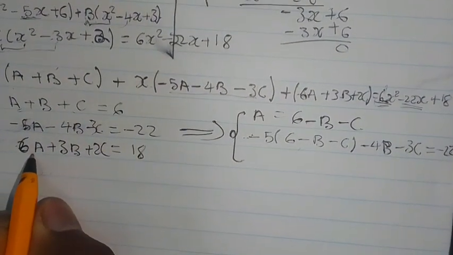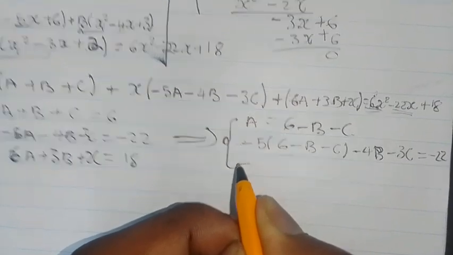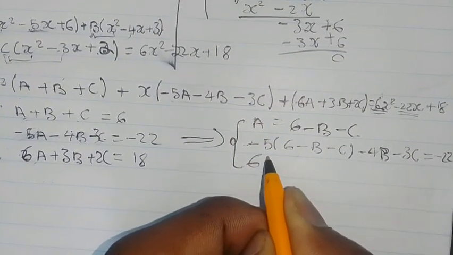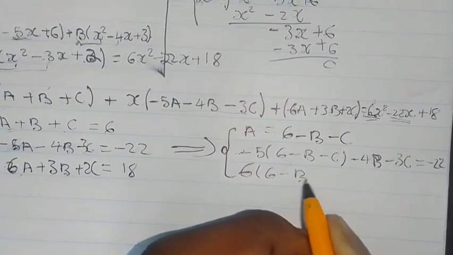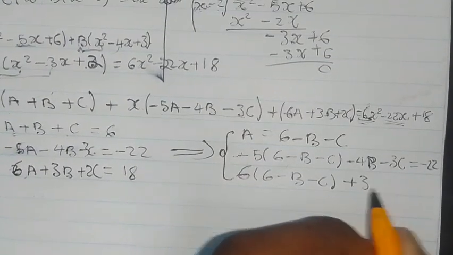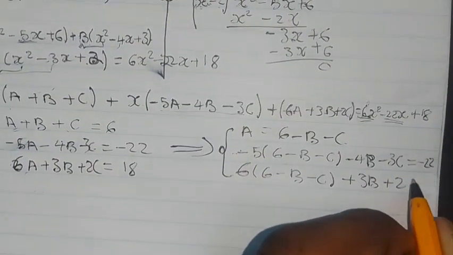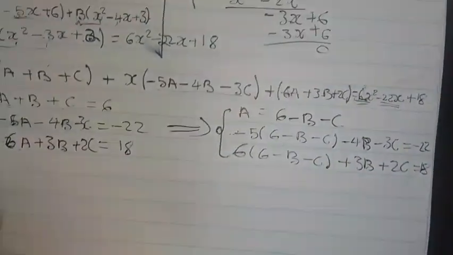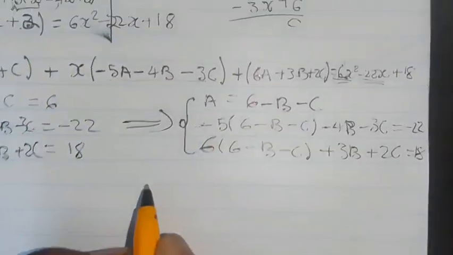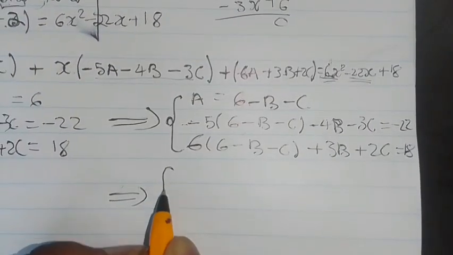And then on the third equation, you also plug a there. Then you have 6 into 6 minus b minus c plus 3b plus 2c equals 18. And then from there, you can further simplify.